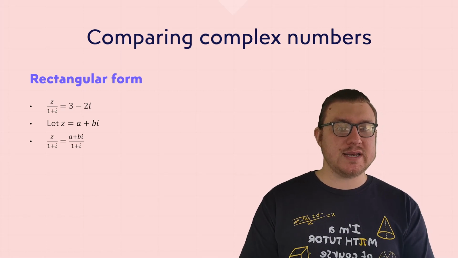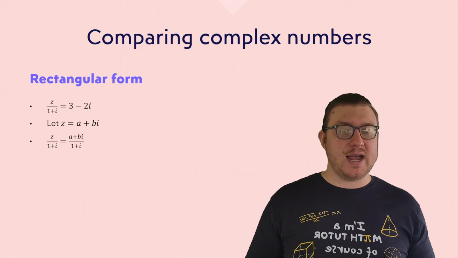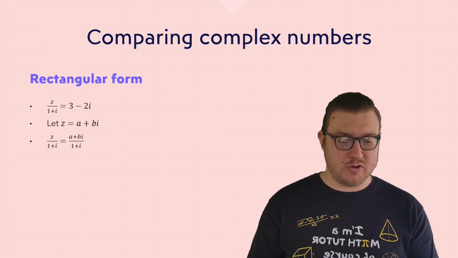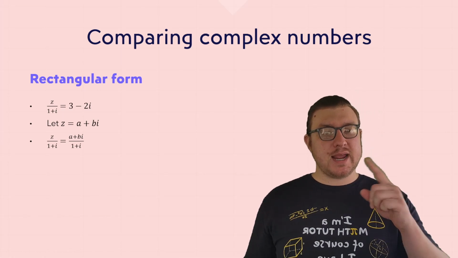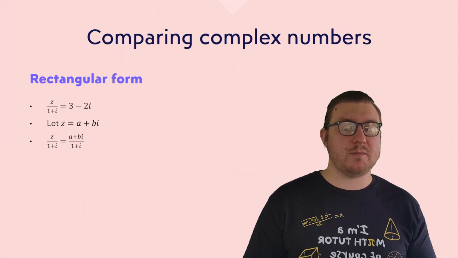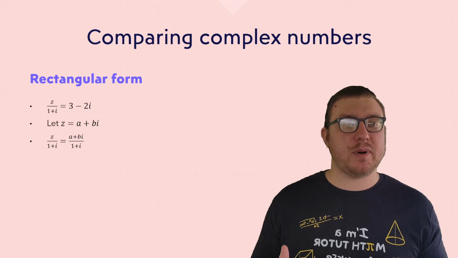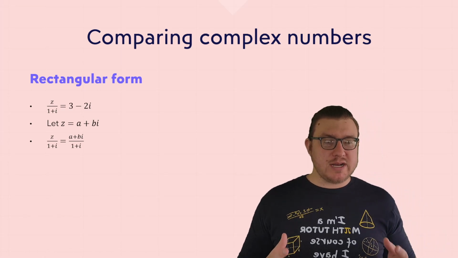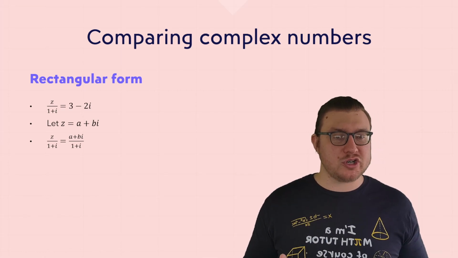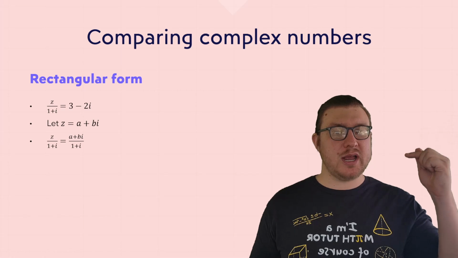We're going to get that z is a plus bi, and we're just dividing by 1 plus i. But again, how do we do this? It's division, dividing by 1 plus i. How do we divide by a complex number in rectangular form? Well, we multiply by the conjugate in the numerator and the denominator.